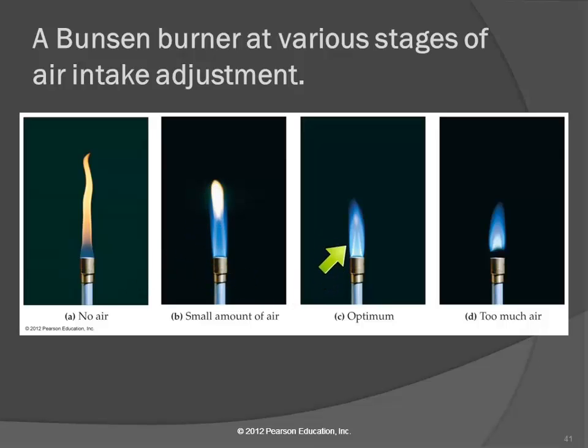This is an optimum flame, with a nice cone in it. When you give it too much air, now the flame begins to float above the burner. And this sort of flame is the one that goes out because of the draft in here. So when your burner is just, you'll light it and it just goes out all the time. Crank the air down a little bit so that the flame is coming straight out of the burner like this.